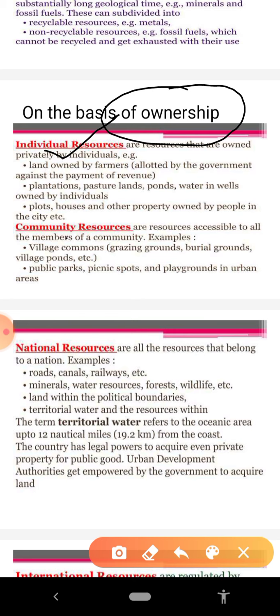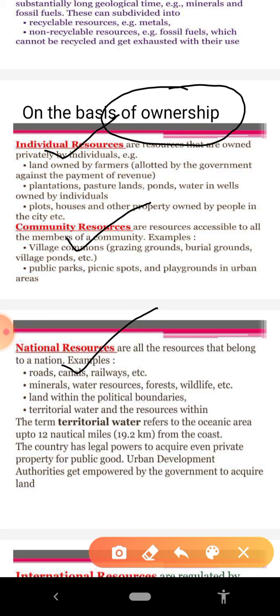After that, community resources. Community-owned resources are accessible to all the members of the community. We can take the example of village ponds, public parks, playgrounds, etc. Then national resources.